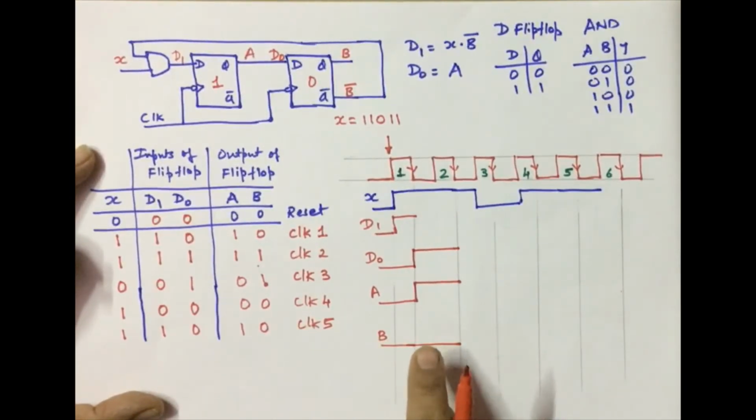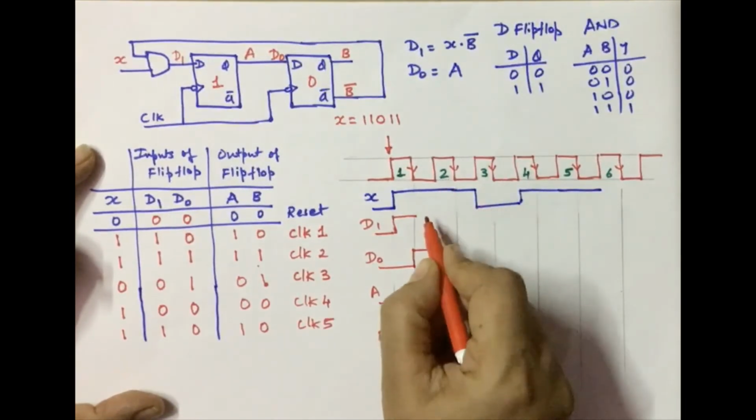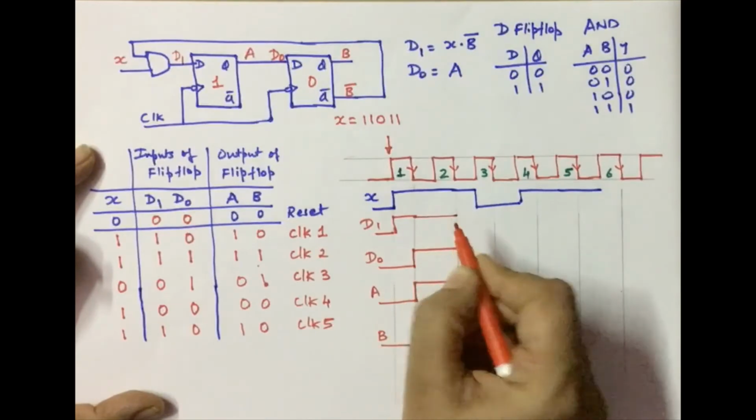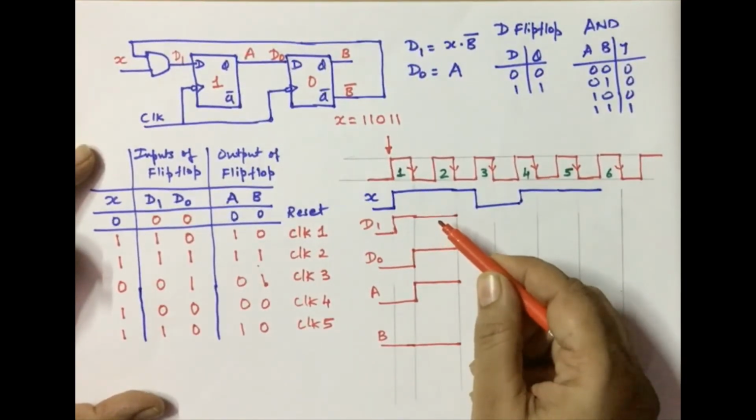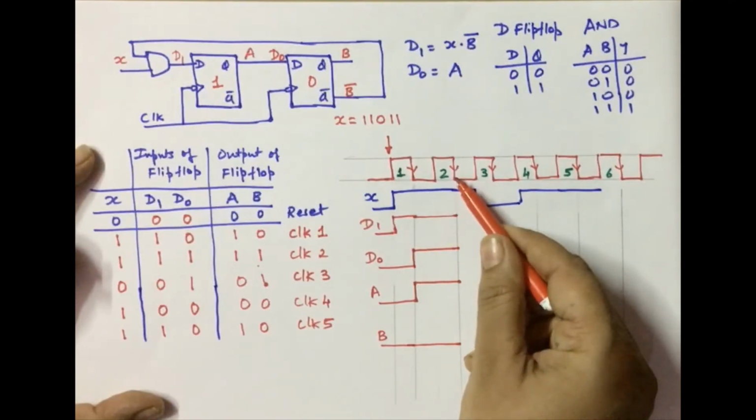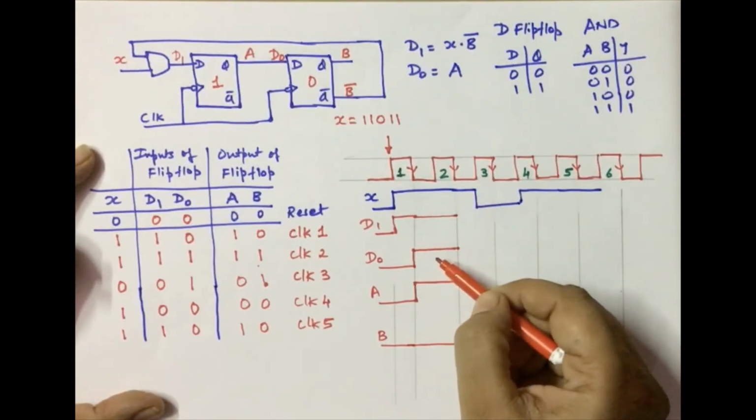B is still 0, so B bar is 1. So X and B bar will keep D1 also 1. So before the second negative edge occurs, D1 and D0 are both 1, 1.